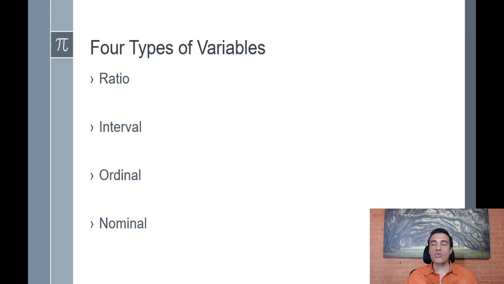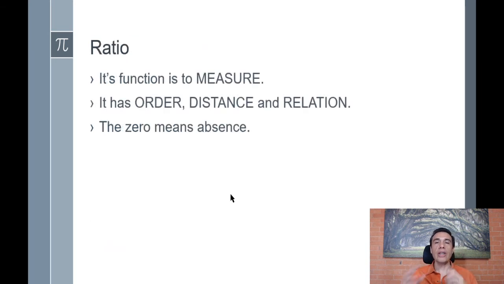Why ratio? Because ratio is the variable that has the most features, the most functions of them. So let's start defining ratio. The main function, the main reason for the ratio variable is to measure. We are going to measure the attribute of that characteristic, any one of them.